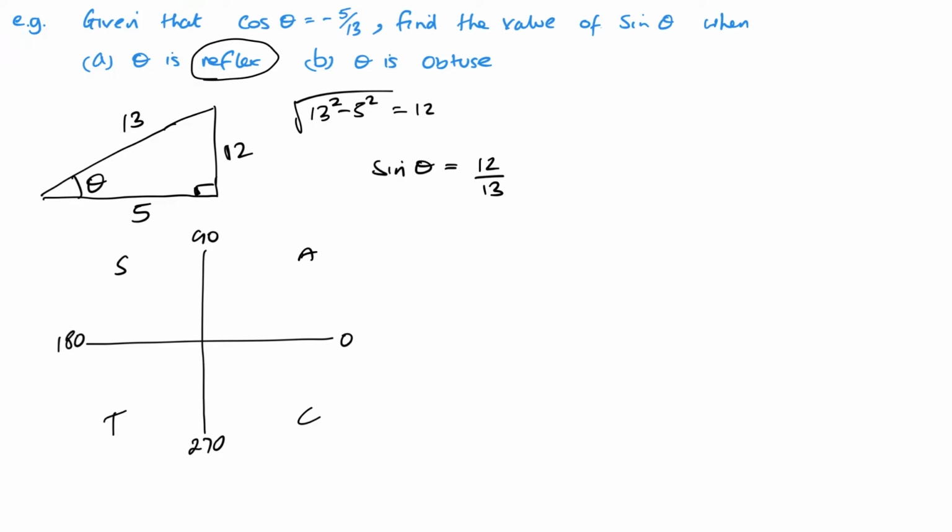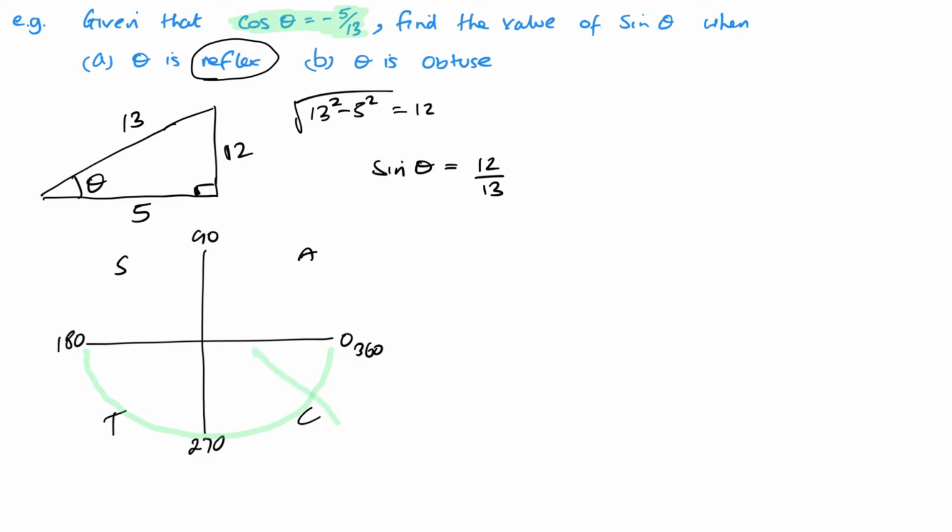So the fact that this is reflex means that it is somewhere between 180 and 360, isn't it? As that's what a reflex angle is. And if I look between 180 and 360, in the question it told me that my cos theta was negative.